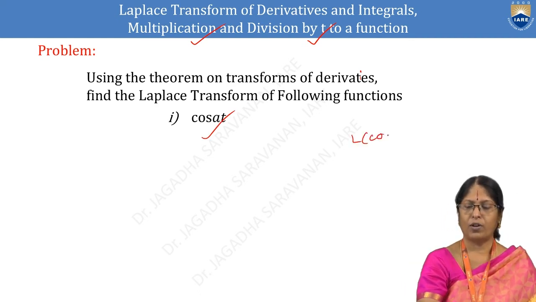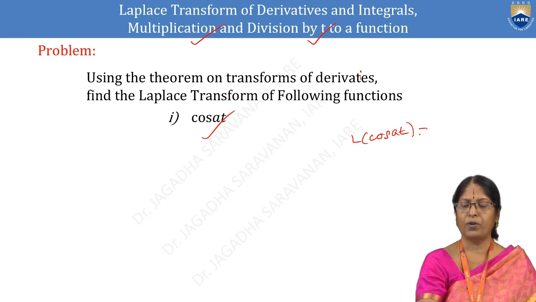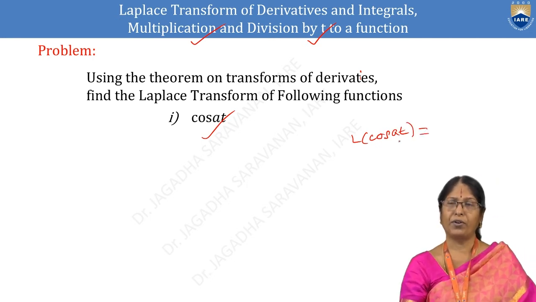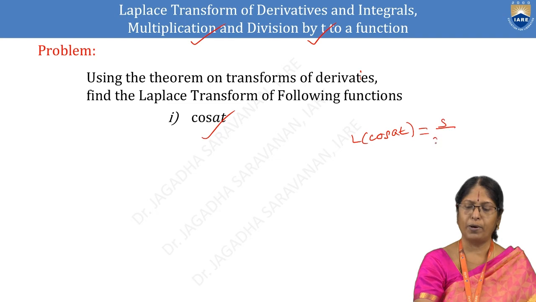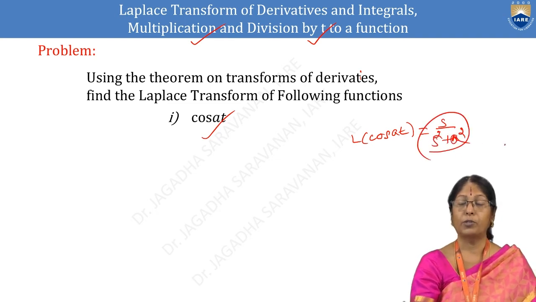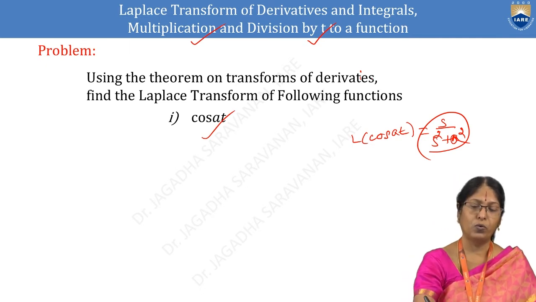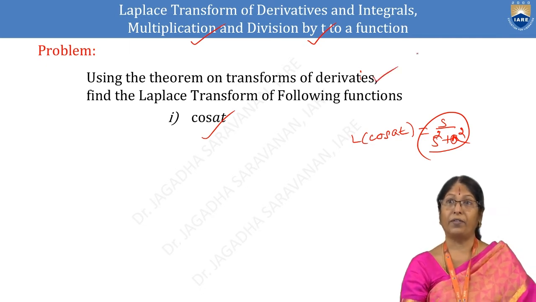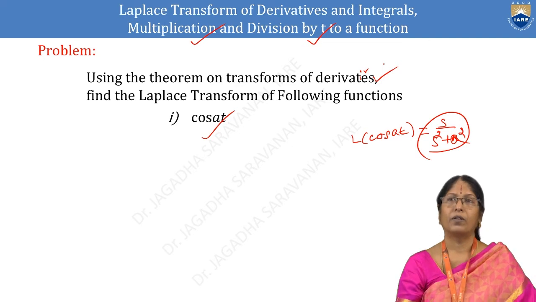So L of cos at. A simple way, because it is an elementary function, we know the formula: s by s square plus a square. But specifically they told us to apply the derivatives, so we have to apply it.